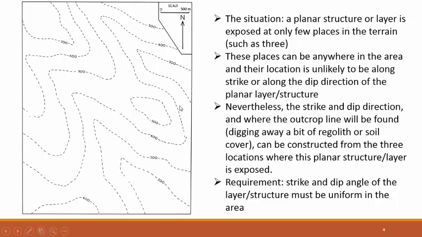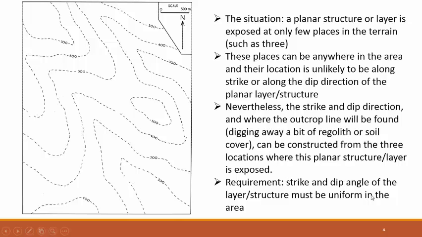Nevertheless, we can construct the strike and the dip direction of such a planar layer from at least 3 points at 3 different altitudes. And we can also, from this information, determine the approximate position of the whole outcrop line, where we could find it, provided that we might dig away a little bit of regolith or soil that might hide the outcrop line from being well exposed.